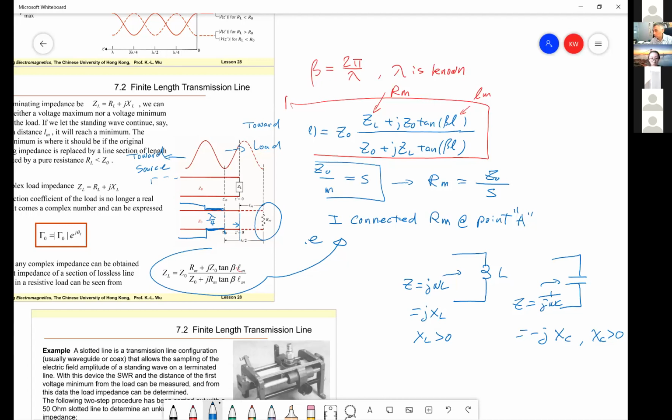Let me log out of the screen share. The transmission line equation is not provided. Right, I don't think I should provide it. The Maxwell equations are not provided. For sure, the transmission line equation is not provided.